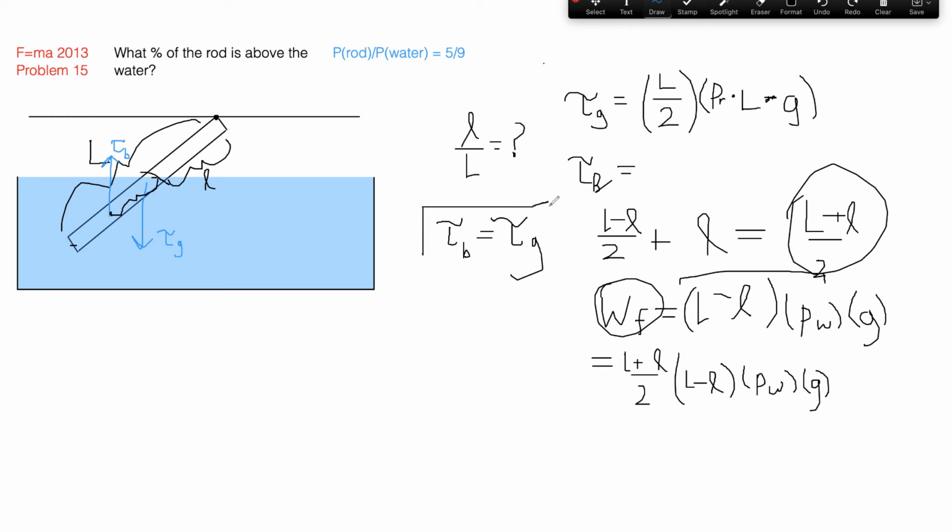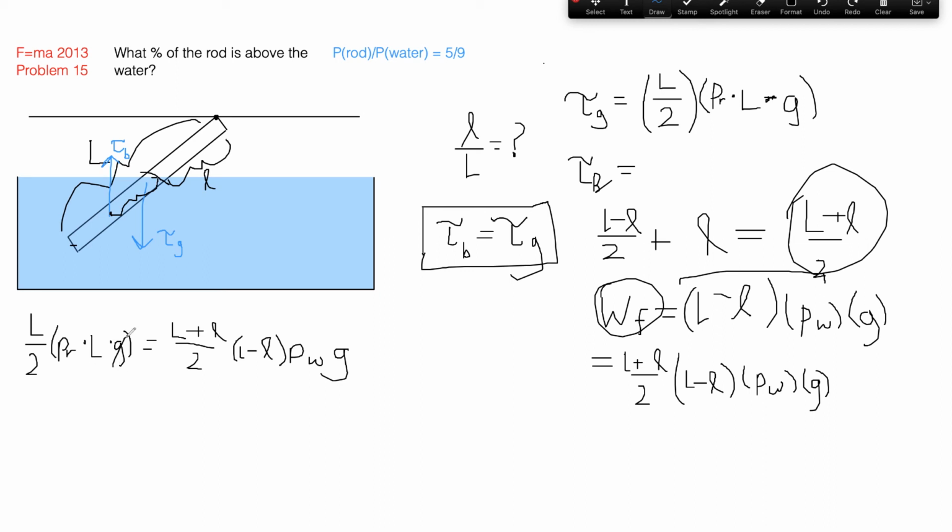Now we return to the second part of solving this, which is setting these equal to each other. So we have L over 2 times the density of the rod times L times g equals (l plus (L minus l)/2) times (L minus l) times the density of water times gravity.